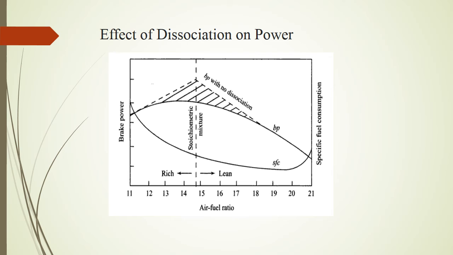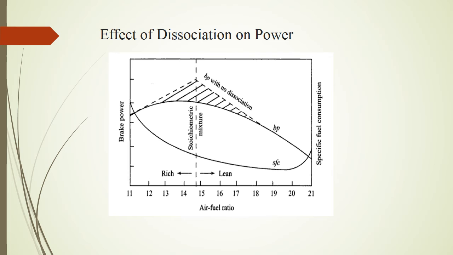This figure shows basically the effect of dissociation on power. If there is no dissociation, the BP is maximum when the mixture strength is chemically correct. The depth of the shaded area between the two brake power graphs shows the loss of power due to dissociation. When the mixture is lean, there is no dissociation.